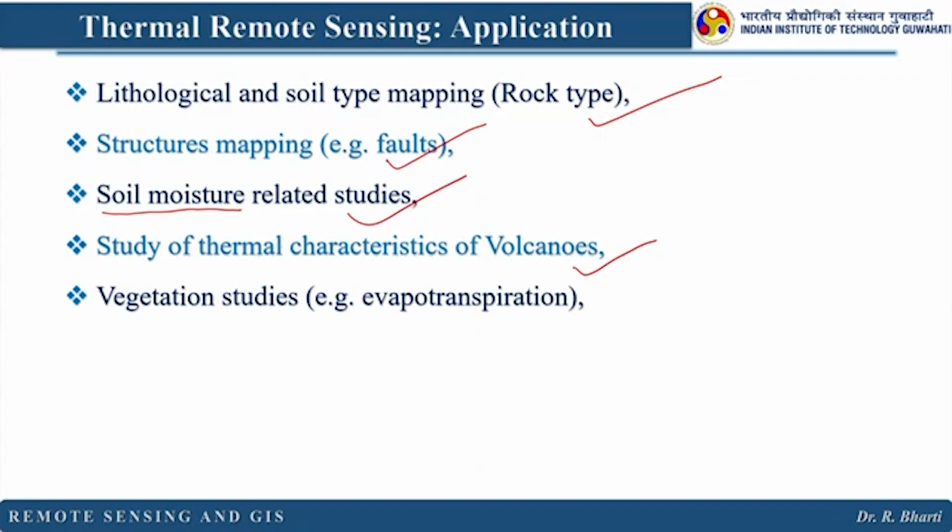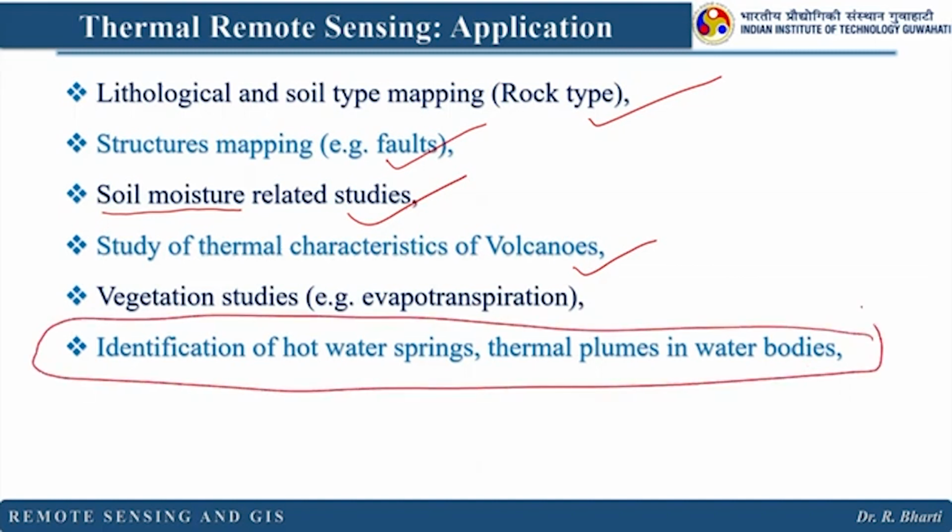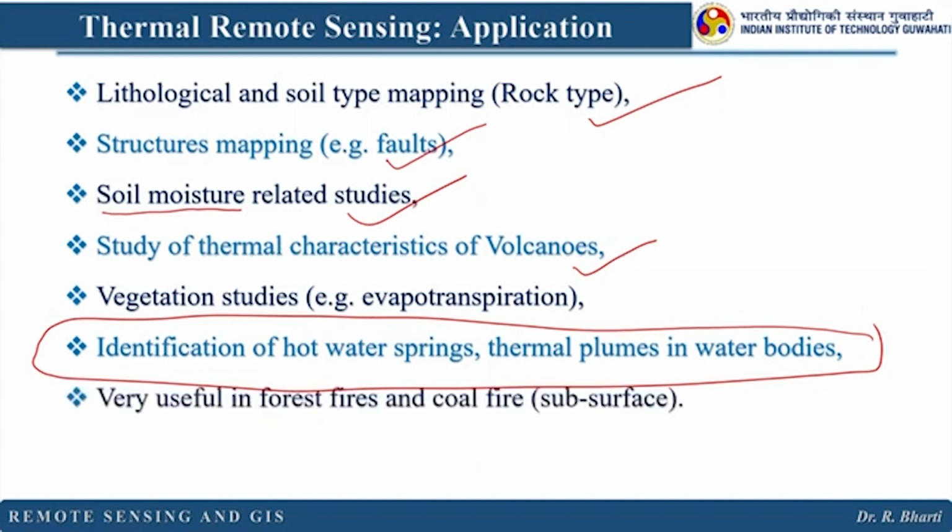Vegetation studies, evapotranspiration you can estimate. Then identification of hot water springs, thermal plumes in water bodies. These are very important, because you cannot identify them with any other wavelength bands, and it is very useful in forest fire and coal fire, that is subsurface.